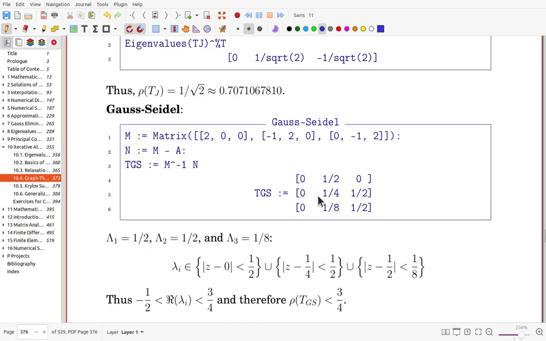And then here, lambda 1 is half, lambda 2 is again half, lambda 3 is 1 over 8, and the centers are 0, 1 quarter, 1 half. So we have a disk, and now another disk, and another disk.